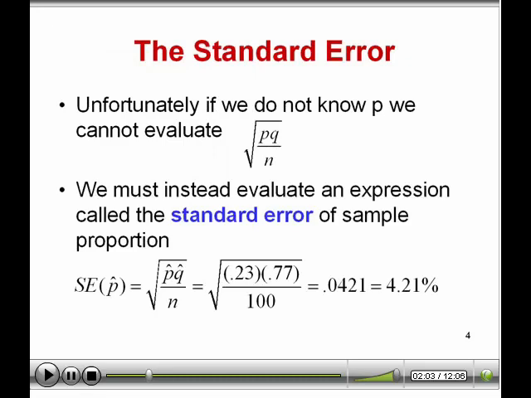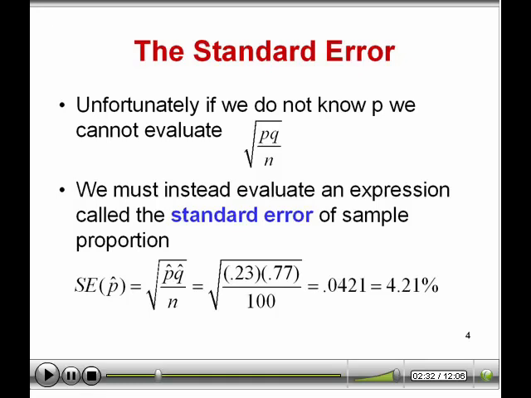Now, when we are collecting data on our own, we will not know the value of p, the true proportion which we are trying to estimate. So we'll be forced to use p hat as our best estimate of p. We'll calculate the square root of p hat times q hat divided by n, and use this as our estimate of the standard deviation of the graph of sample proportions.